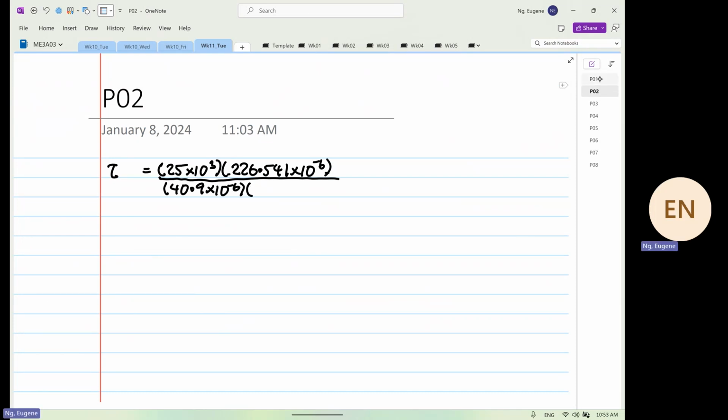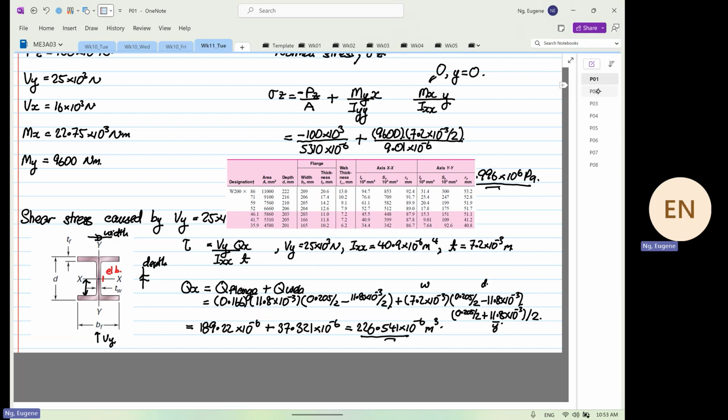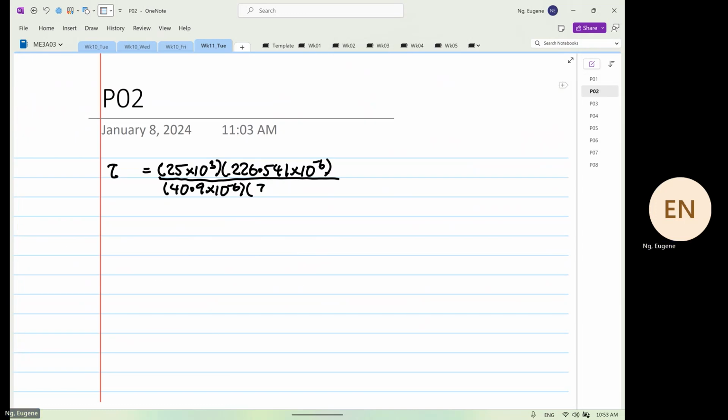And then the thickness given is 7.2 times 10 to the power minus 3. So this will be equal to 25 × 10^3 times 226.541 × 10^-6 divided by 40.9 × 10^-6 divided by 7.2 × 10^-3. So it's equal to 19.232 times 10 to the power 6 Pascal.